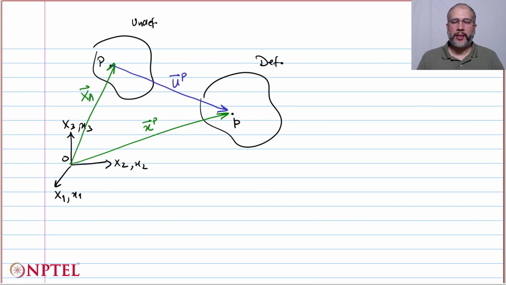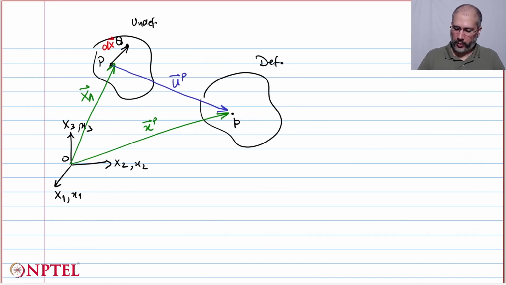And then we said that we are interested in what's happening around a material particle, that is capital P in this case. So for that, we defined a particle Q. I'm exaggerating things here. Q is supposed to be quite close to P because we're talking about deformation around P. And this vector from P to Q is denoted by dX.